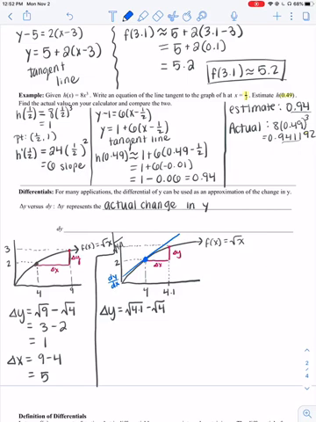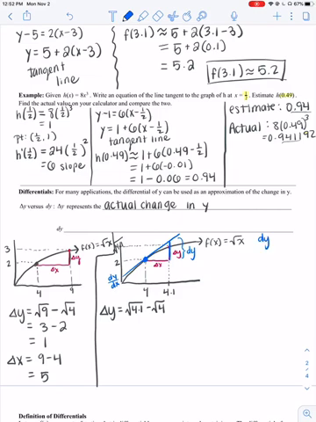And so what's going on here is that this whole thing, instead of delta y, this is dy. And you can see that dy is just a little bit off from delta y. It is close. They are almost the same. dy is an approximation of delta y.